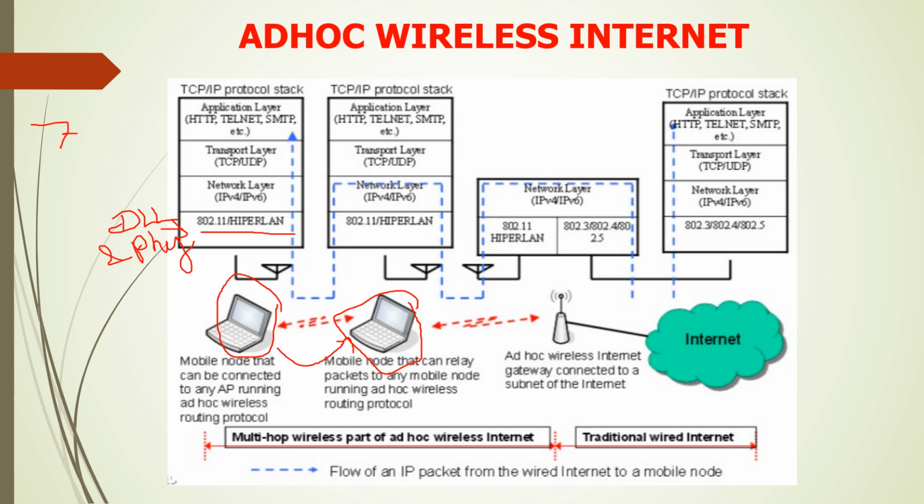Because this intermediate node does not need to open the message, because only the source is sending and the destination needs to open it. The intermediate node's job is to forward the information. When you are opening the message, only then do we need to travel through the application layer. So this intermediate node travels only through the data link and physical layer, followed by the network layer.